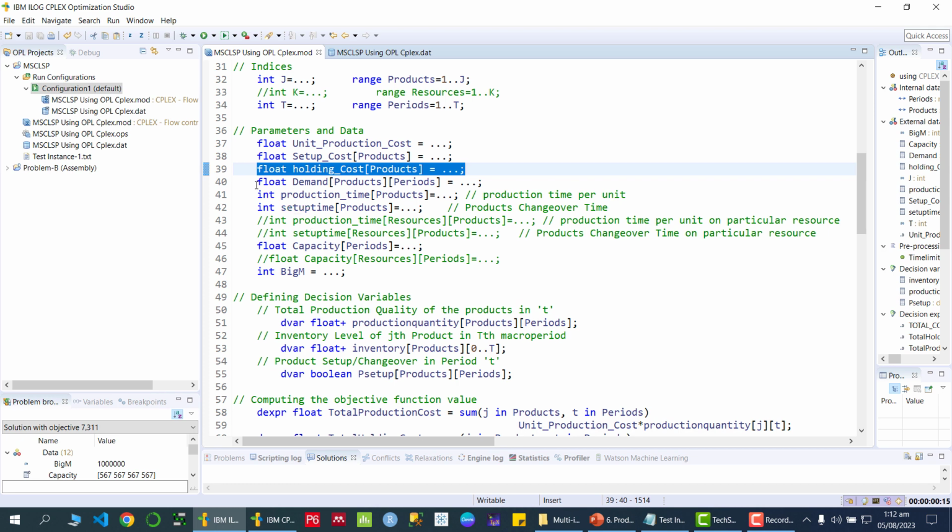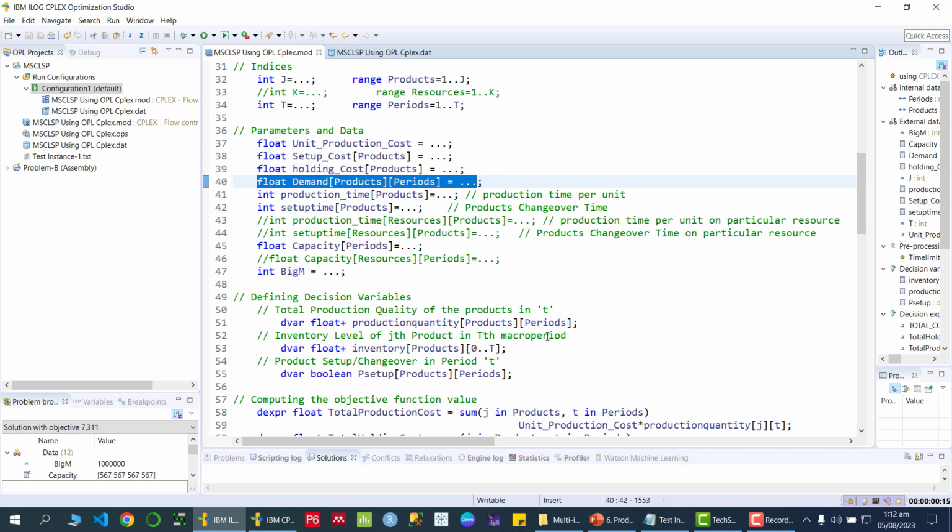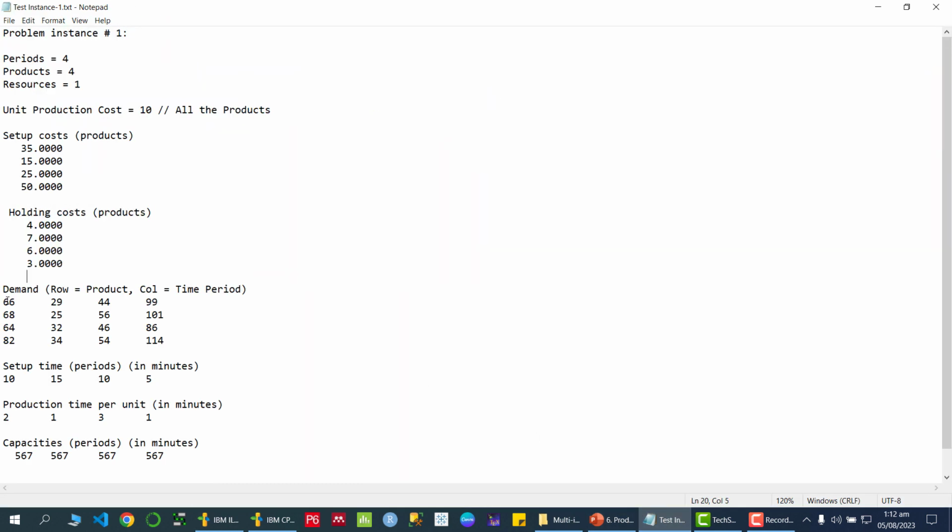Next, we are going to define the demand. As we know, based on the data set, they have told us the first product against time period 1, 2, 3, 4, second product against time period 1, 2, 3, 4. So that means we need to tell it as a two-dimensional array in OPL whenever we define this. So it is going to be a two-dimensional array.